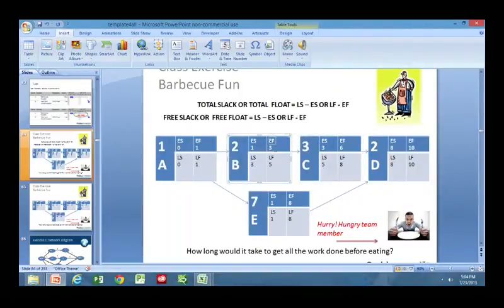So if someone says, what's the free slack between B and C? Or they might just say, what is the free slack of B? Which means, how long can we delay B without affecting C? Total slack is, how long can we delay B without affecting the project end date?